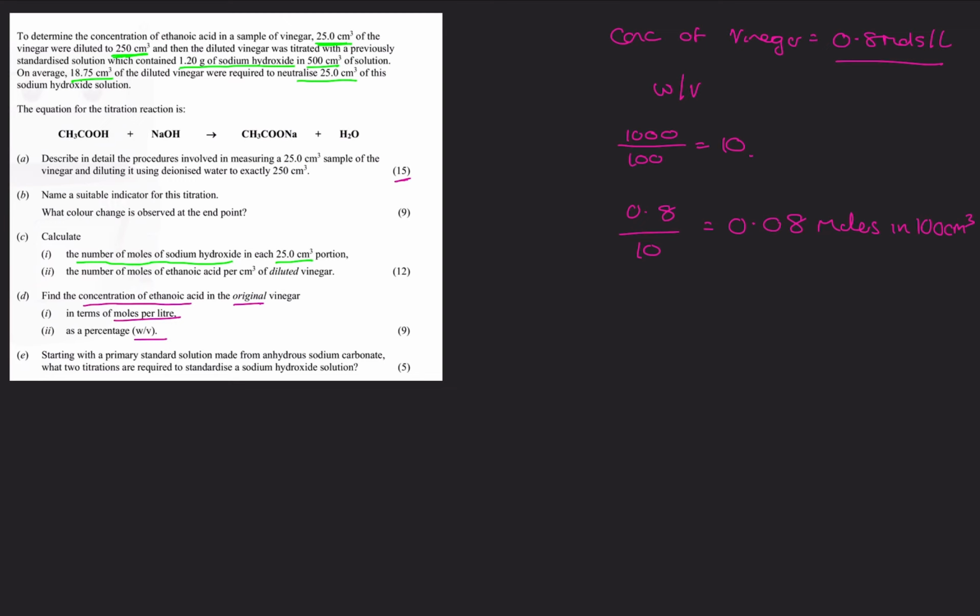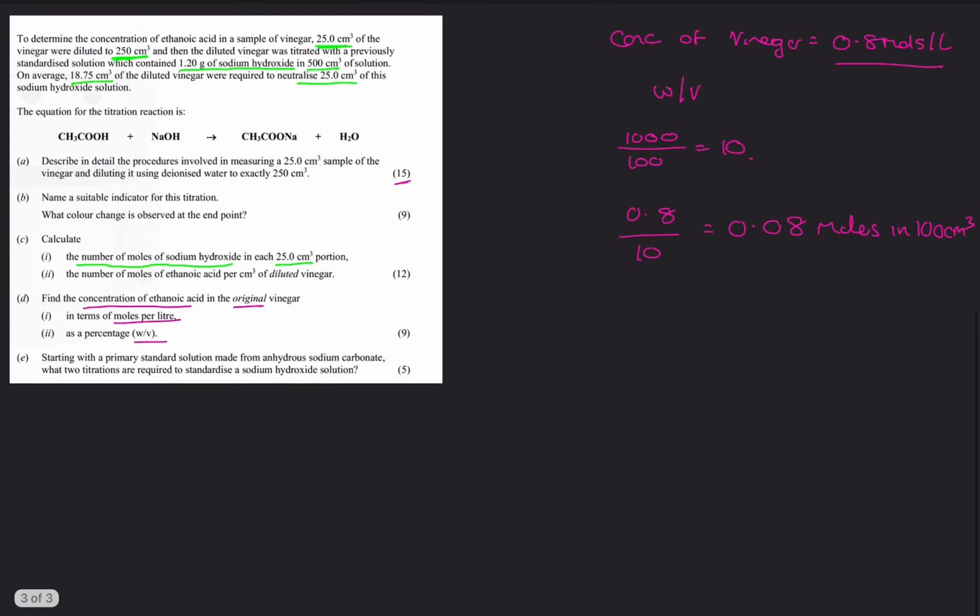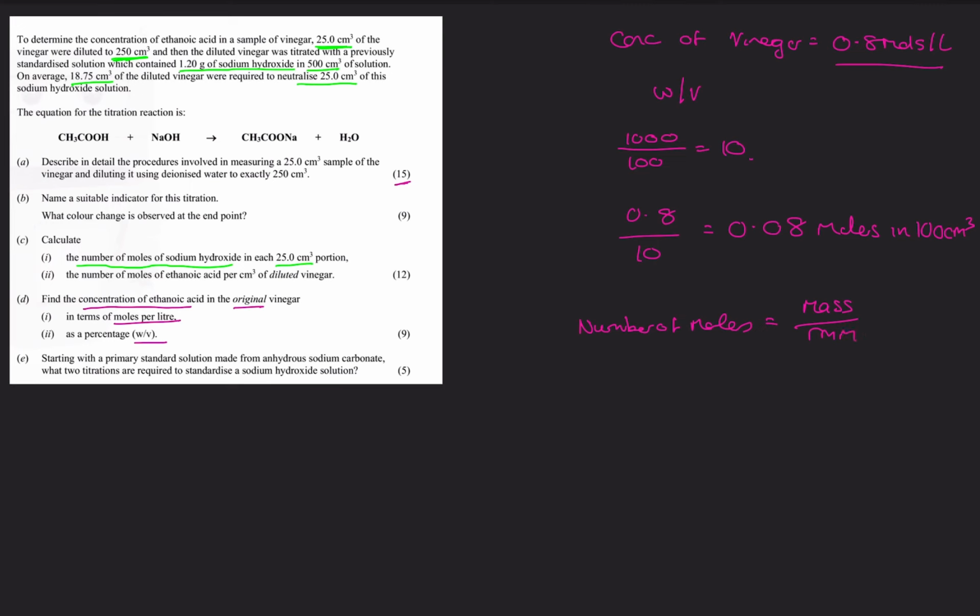Okay. Now, it's weight per volume, not moles per volume. So we need to convert that number from moles into weight or grams. Back to this equation we always use. Number of moles equals mass over relative molecular mass.